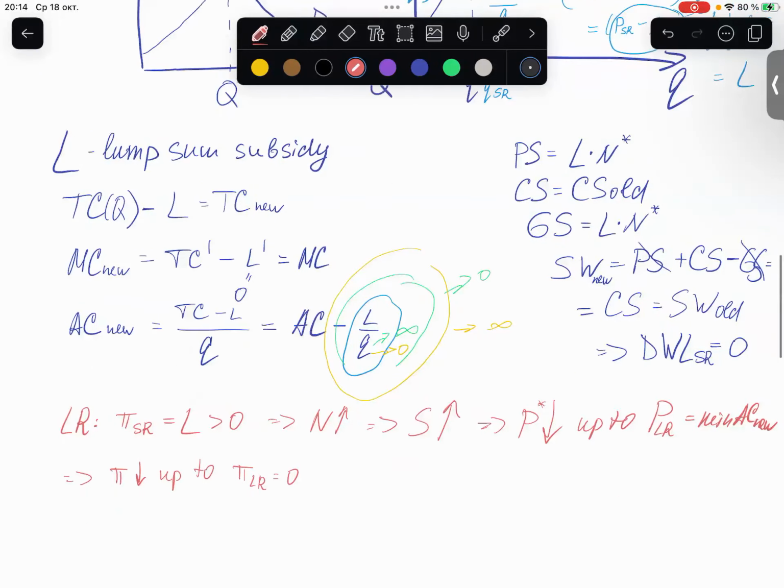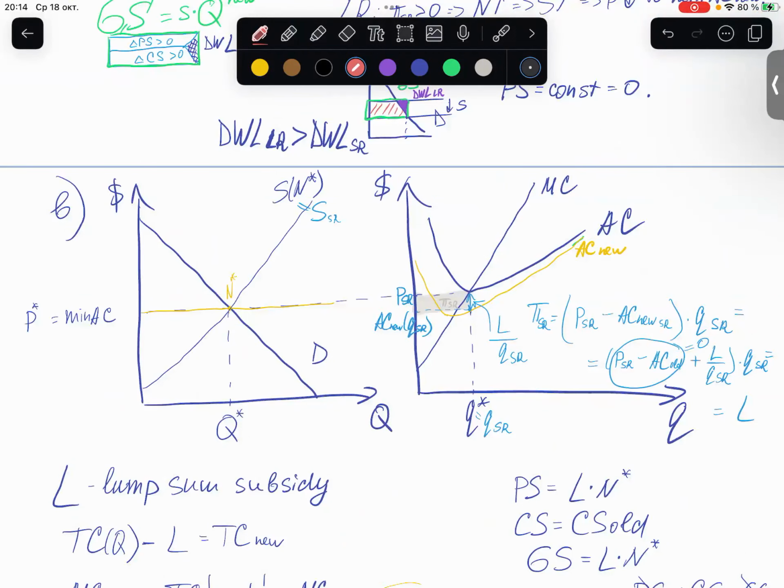Okay, let us show it on the graph. So the new price will be in the new minimum of average costs. So the long run supply will be like this. This was long run supply. This is long run supply new. Then price in the long run, the quantity that each firm will produce, this Q in the long run.